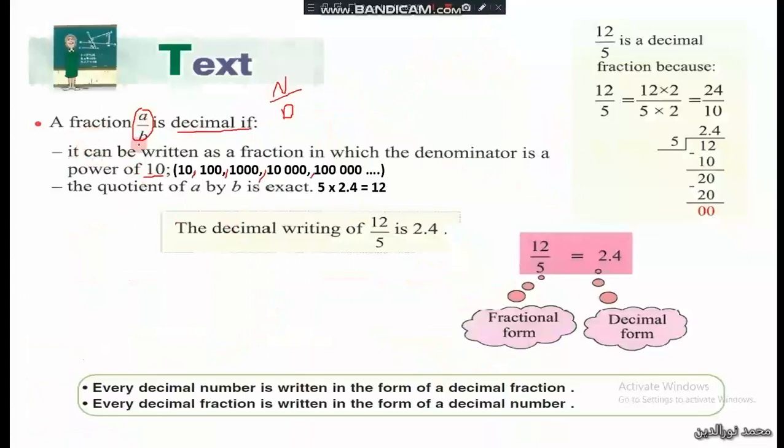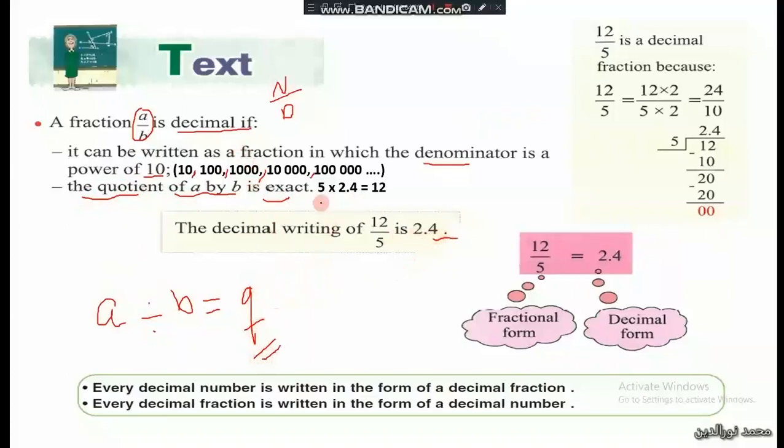So a fraction is decimal if the denominator of this fraction could be written as a power of 10. And then if the quotient of A by B is exact, meaning A divided by B equals Q, the quotient, if it is exact, that means it terminates, meaning I have a certain number of decimal digits.